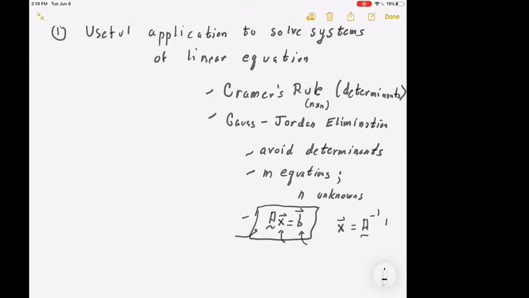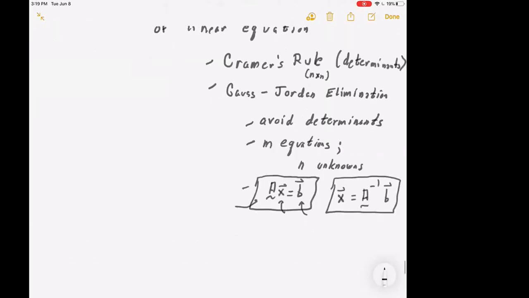If the inverse of the matrix A exists, then you could write down the solutions immediately. But we will see this. This is not something we've talked about. We'll see this later.